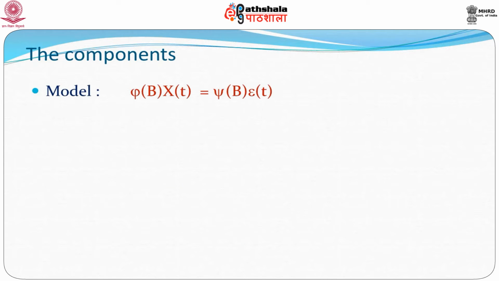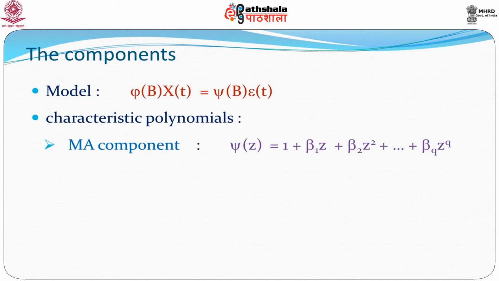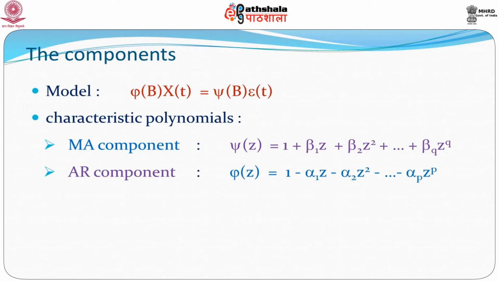Now, we can write the model in short form as phi(z) x_t is equal to psi(z) epsilon_t. Remember that phi(z) is the characteristic polynomial, and similarly so is psi(z). For the MA component, psi(z) is equal to 1 plus beta_1 z plus beta_2 z squared etcetera up to beta_q z^q, which really means that it is the characteristic polynomial similar to the MA model that we had.